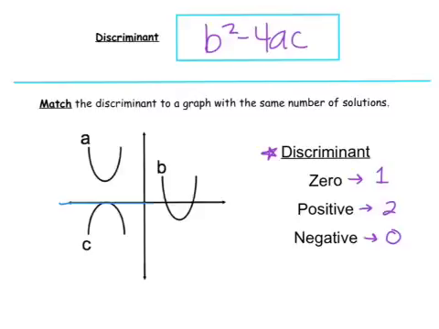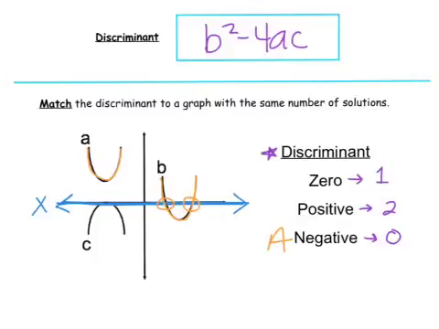Remember, when we look at a parabola graphically, the solutions are determined by how many times it intersects our x-axis. So if we look at our first parabola, a, it doesn't hit our x-axis at all, so it has no solutions. That discriminant would be negative. The second parabola, b, intersects our x-axis twice.